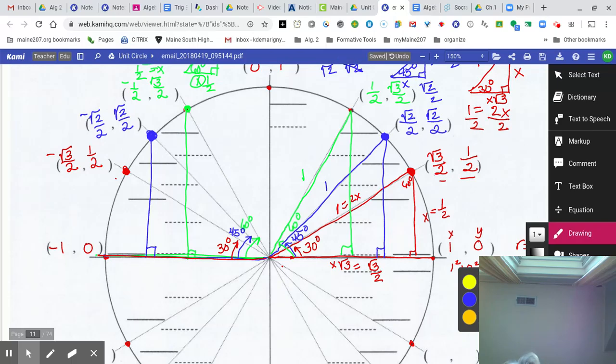Now, I've shown you how all of these are in coordination with their reference triangles. However, everything starts from the initial side and then opens up. So this angle that I've referred to as a 60-degree reference triangle is actually not what we're looking at. It's the 90 plus 30 more.